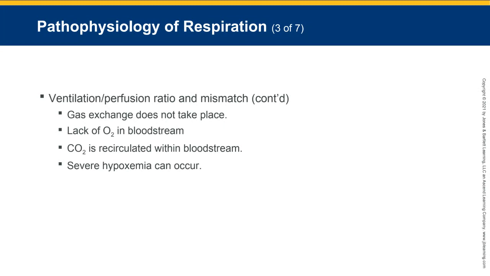When there's a mismatch, gas exchange does not take place. There's a lack of O2 in the bloodstream. CO2 is recirculated within the bloodstream, and that will lead to acidosis. And there is severe hypoxemia, so there is a significant drop in the amount of oxygen in the blood.